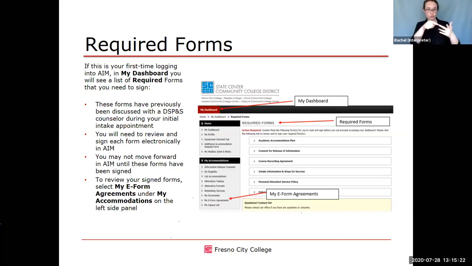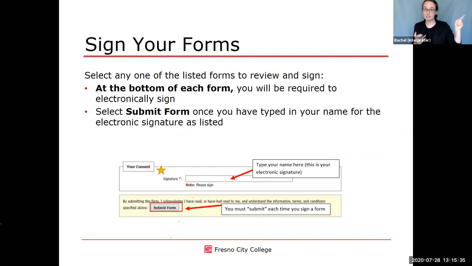Those must be e-signed in order to move forward to get to your accommodations. So if you haven't logged in yet, you're going to see this screen first. Make sure you click on the forms to sign those. You'll scroll all the way to the bottom and type in your name to electronically sign those. And then you will submit, and your profile will be ready to go.